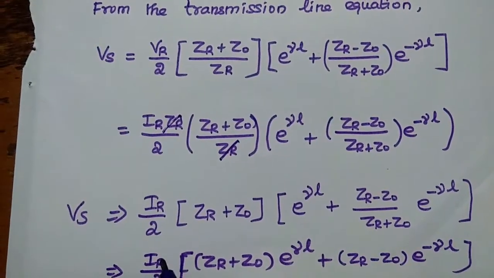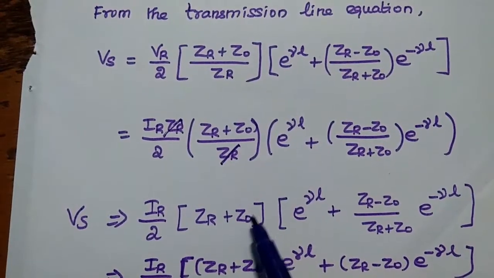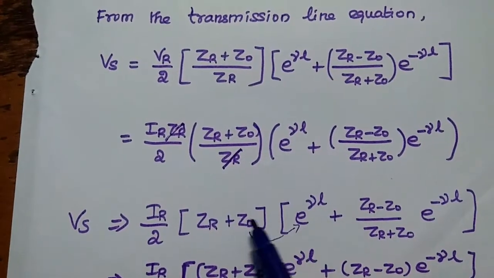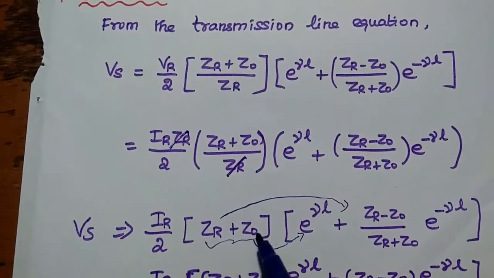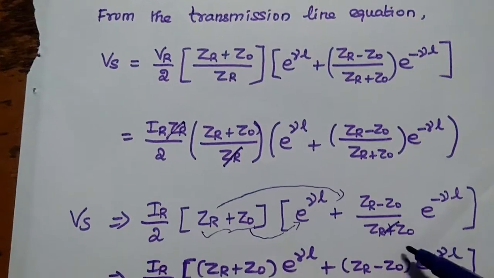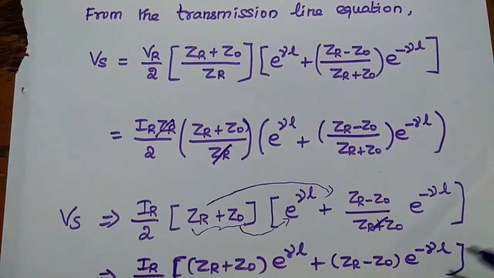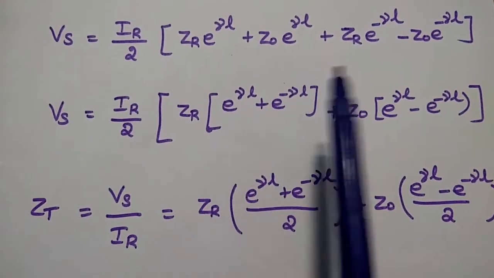So we can get IR by 2, ZR plus Z0, e power gamma L. So multiply inside this, and likewise we can multiply this term with this one, the whole term. So ZR plus Z0 means this term and this term cancel each other. Then we can get ZR minus Z0, e power minus gamma L alone. Then multiply all the terms inside.